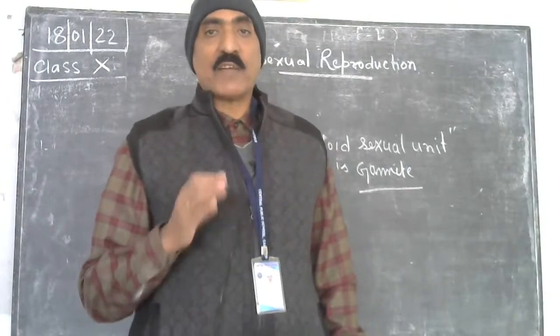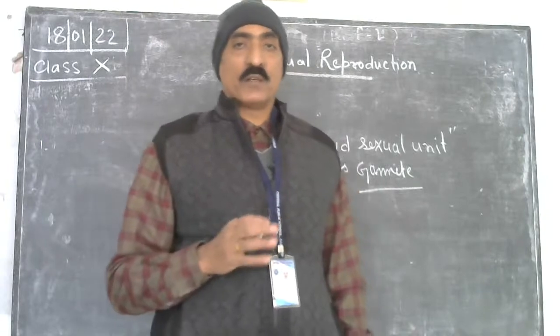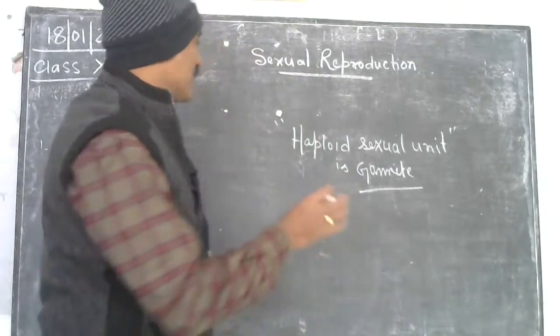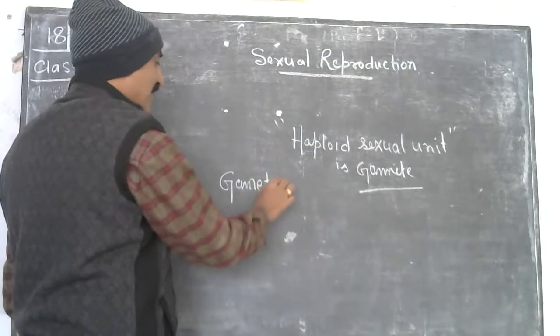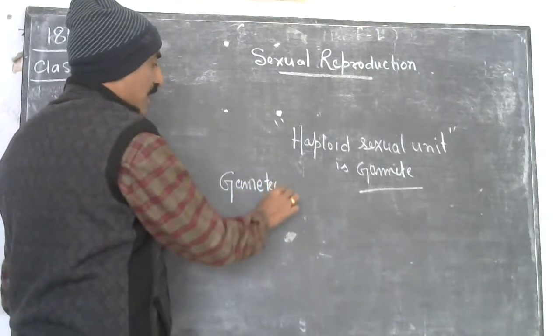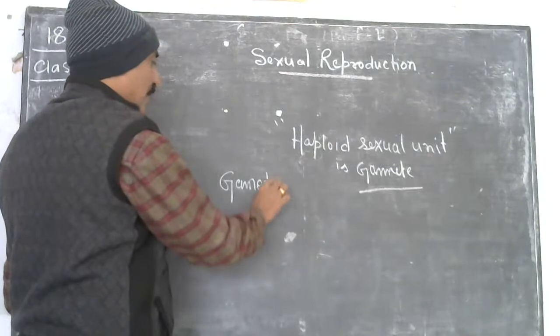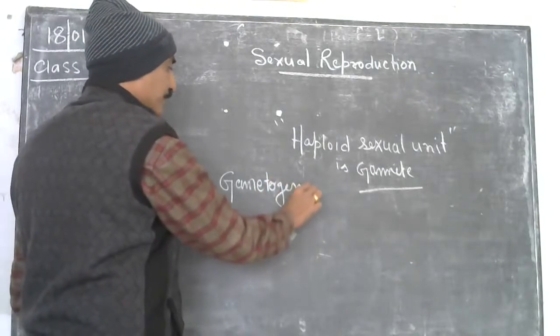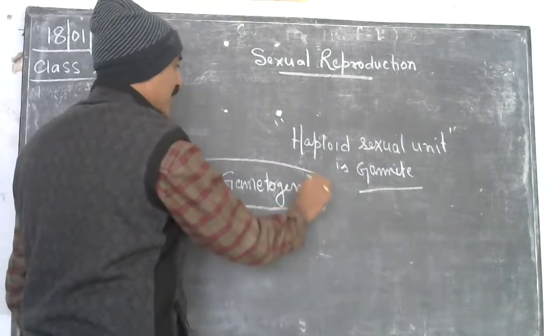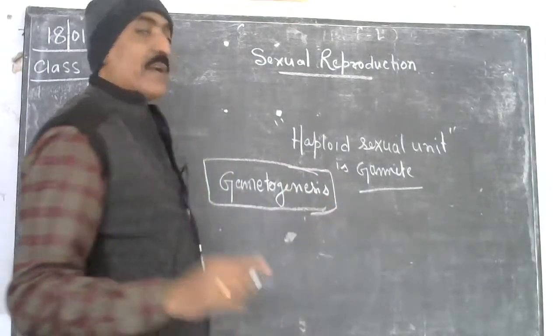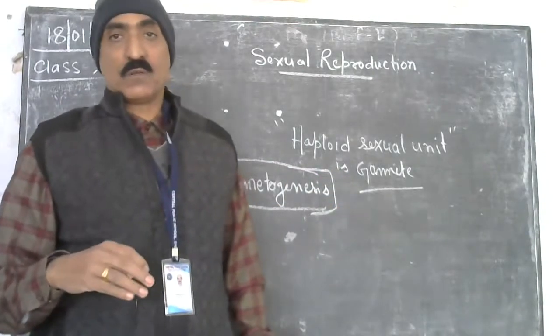Now the process by which gametes are formed is called gametogenesis. This is the process by which gametes are produced.